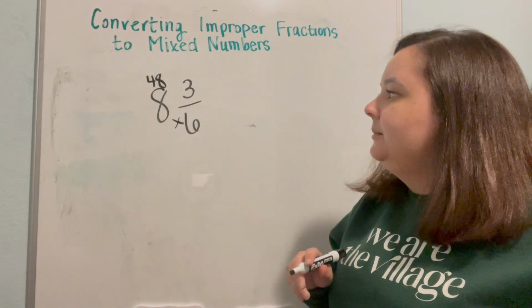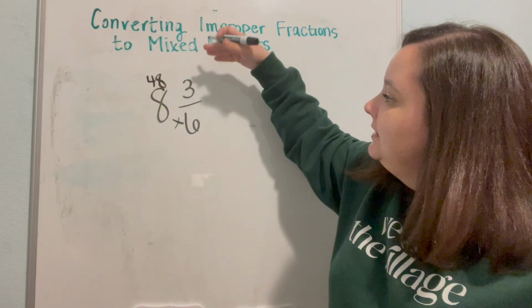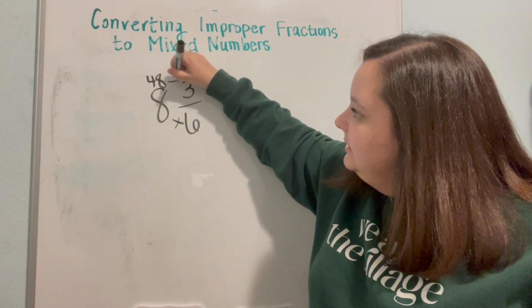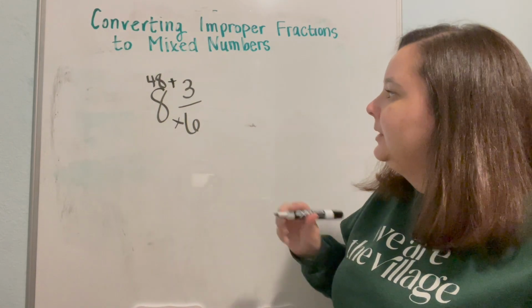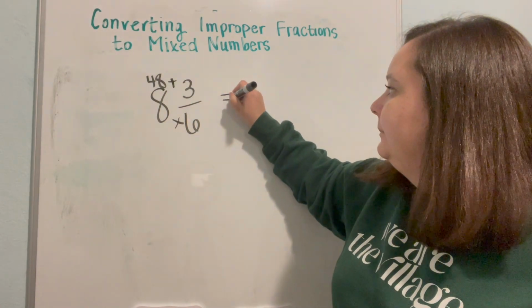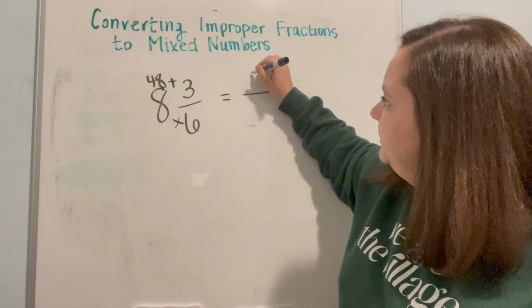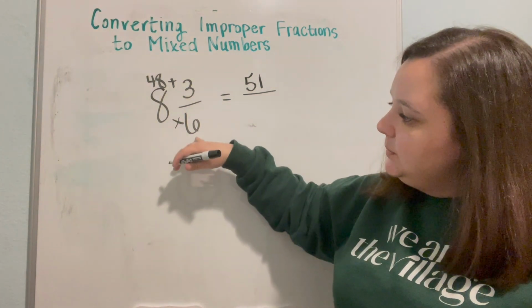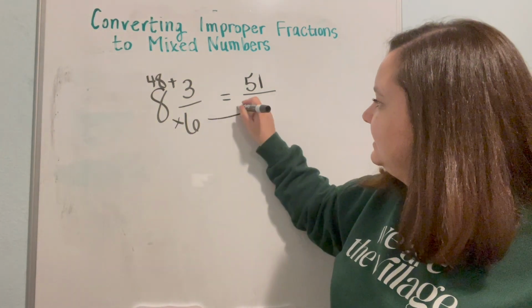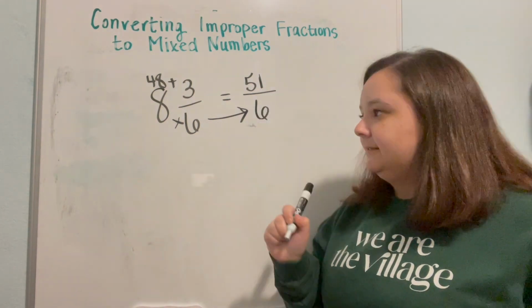Now that I know how many 6s are in my wholes, I am going to add the product I got here to my current numerator, which gives me 48 plus 3, which is 51. And just like before, my denominator is going to stay the same, and I end up with 51/6.